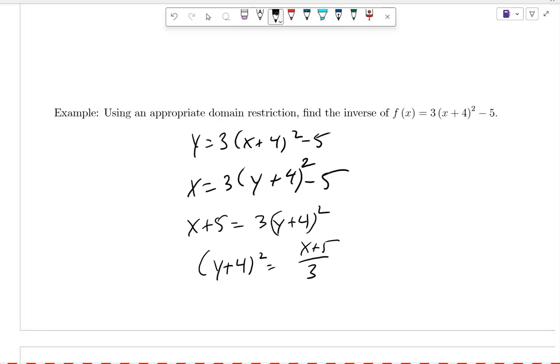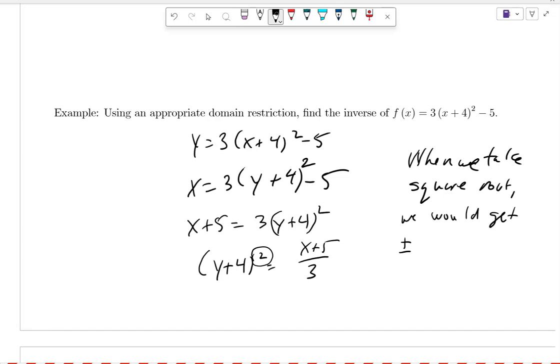And again, when you take the square root of both sides, you always get plus or minus, right? So it's the squaring here. At this point, we get a problem. When we take the square root, we would get plus or minus the square root of (x plus 5) over 3 on the right.